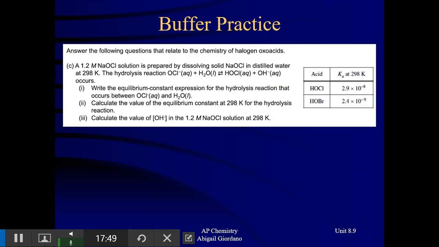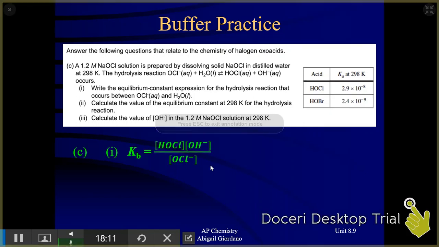So this first part says write the equilibrium constant expression for this hydrolysis reaction. If you did it right, that's all you have to write to get full credit for part 1. Please notice that it says Kb in my expression, because, ladies and gentlemen, what is OCl minus?